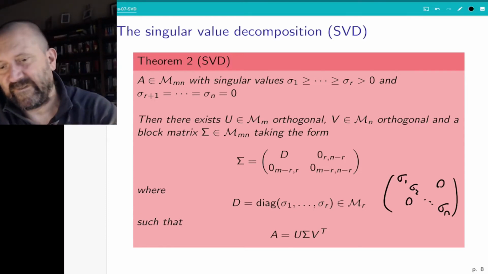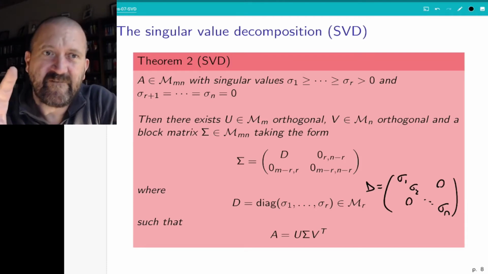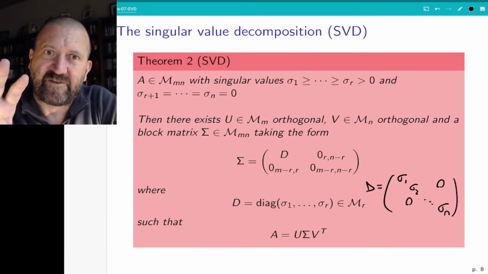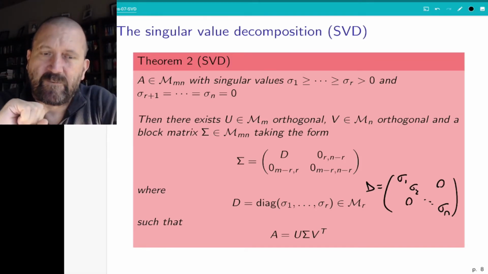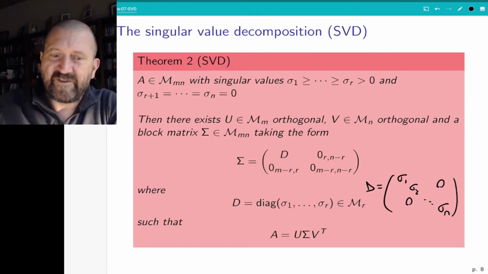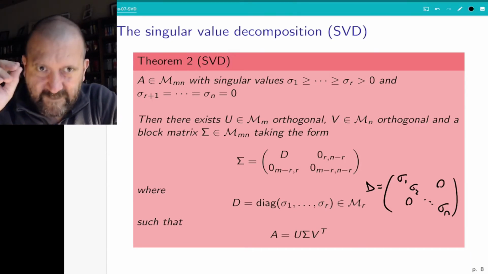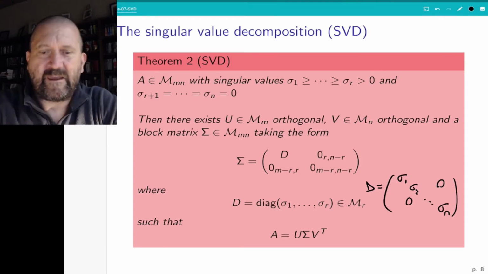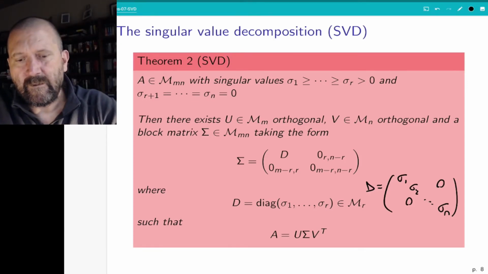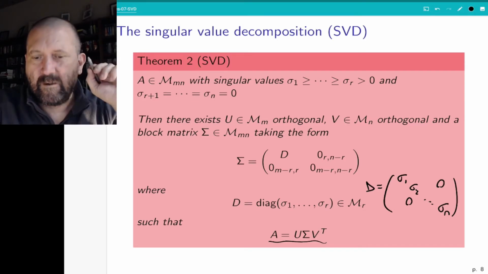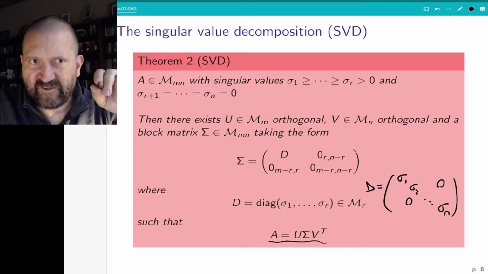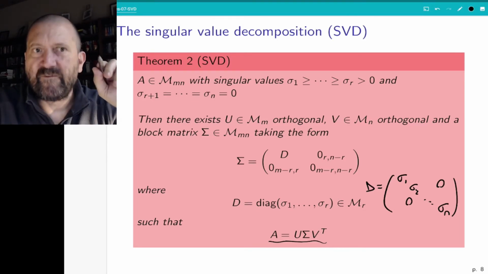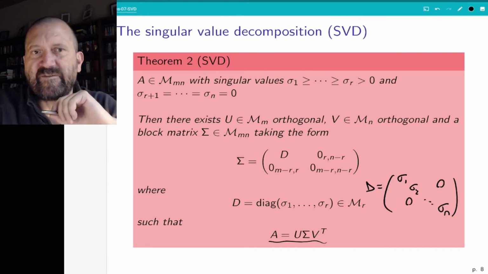This is what D looks like. And the rest of the matrix, capital sigma, is equal to 0. It's full of zeros. And these three matrices allow us to write A in the following form, which is U times the matrix sigma times the transpose of the matrix V.